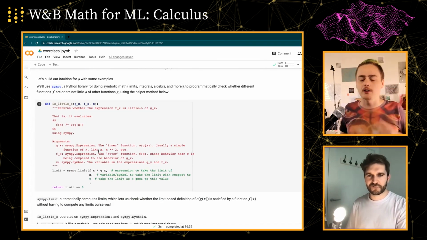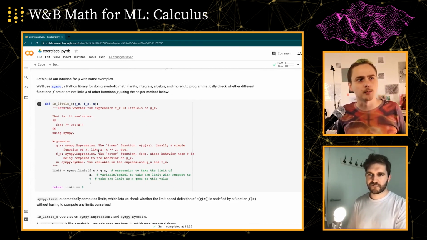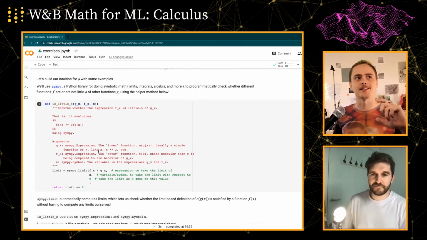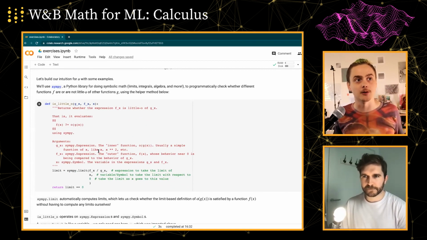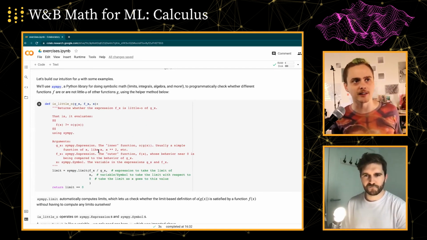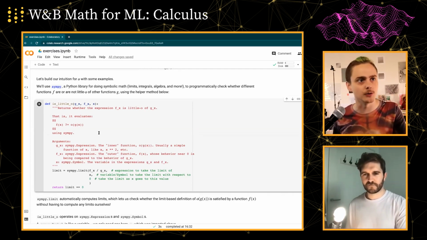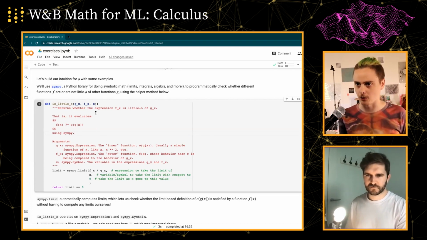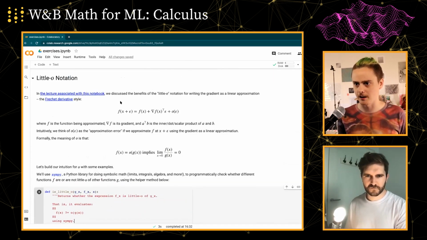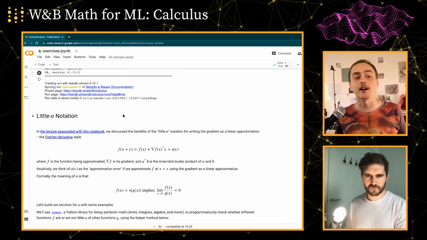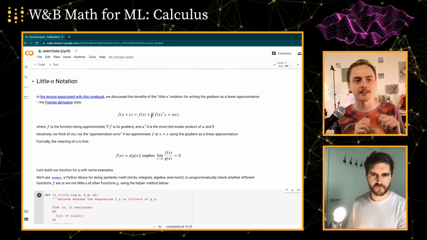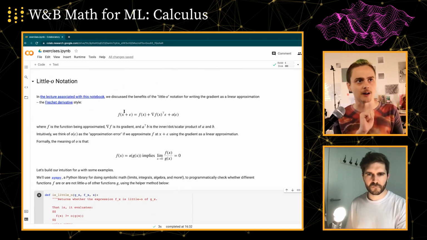The goal here is to be able to write mathematical expressions. One of the important distinctions between a mathematical expression and something in a computer program is that in a program, everything is bound to a specific value. If you write x equals 1, then x is just something that points to the number 1. But when you write a mathematical expression, x is a variable in that it's something you can slot different values into very easily.